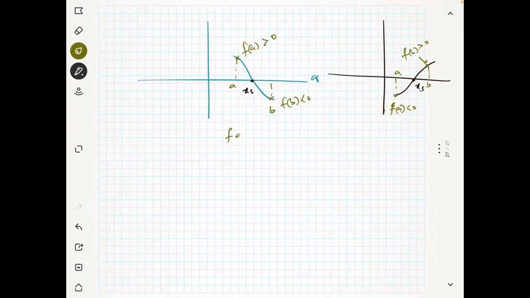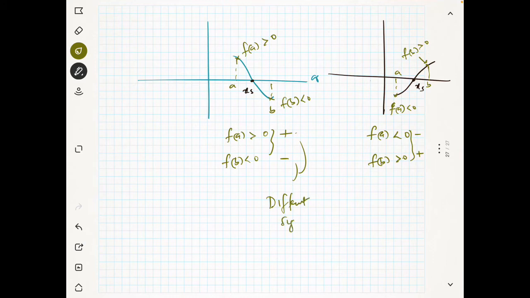You see here in this, f of A is greater than 0, that means positive, and here f of B is less than 0, this is negative, and here f of A is less than 0 and f of B is greater than 0. That means this is negative and this is positive. That means you are getting two different signs here, different signs, and here also different signs.